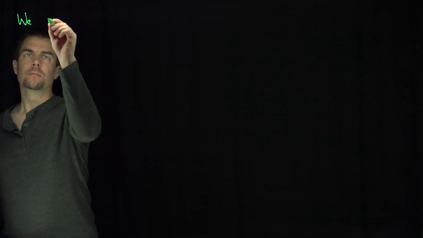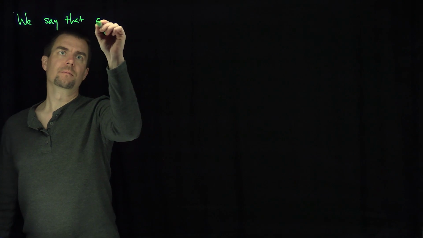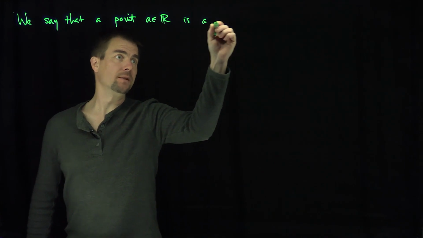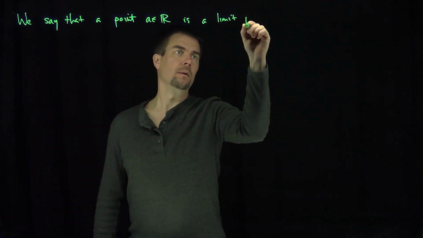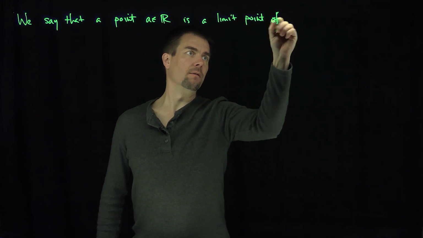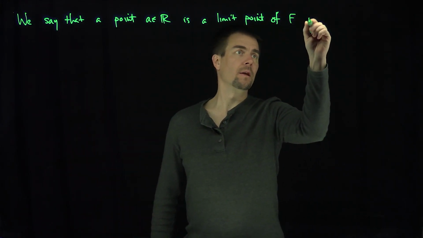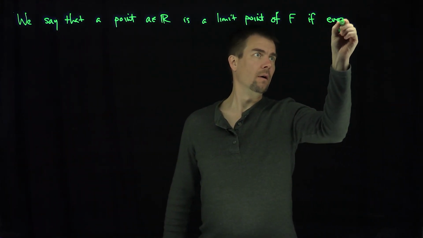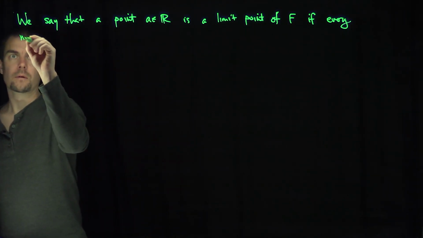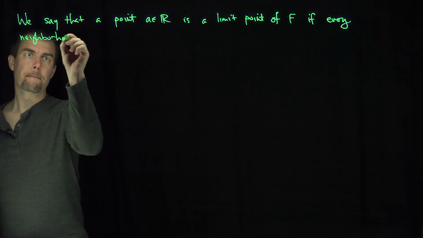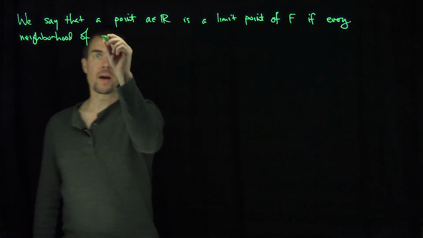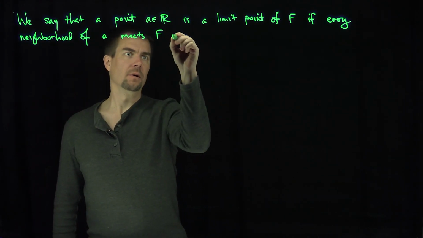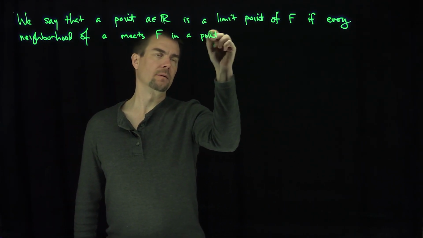We say that a point A in R is a limit point of a set F if every neighborhood of this point A meets F in a point other than A itself.